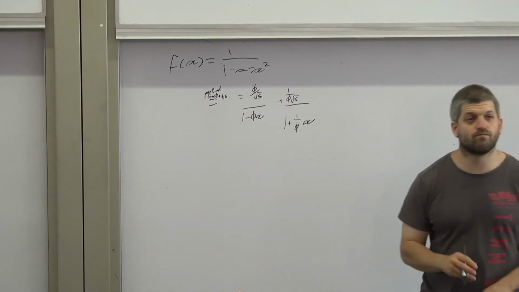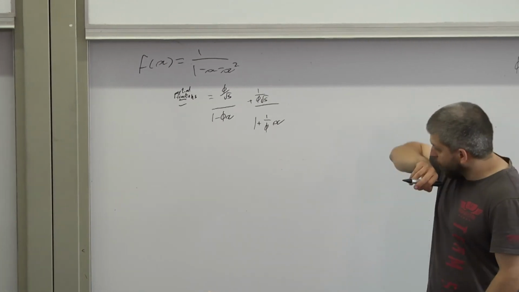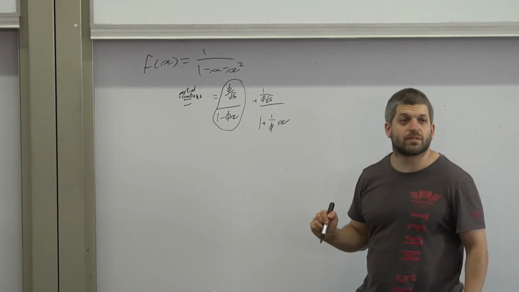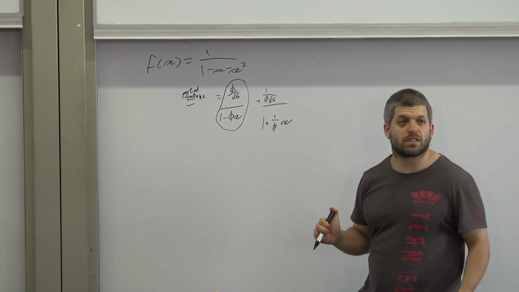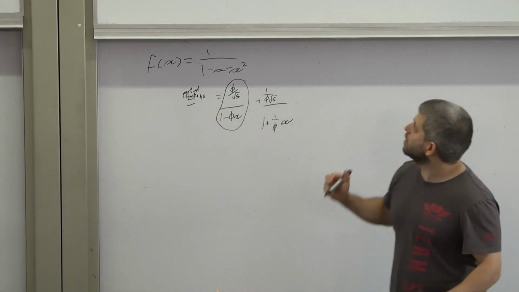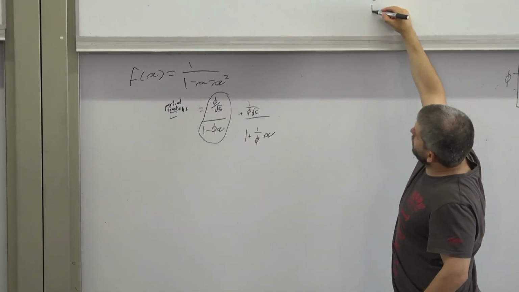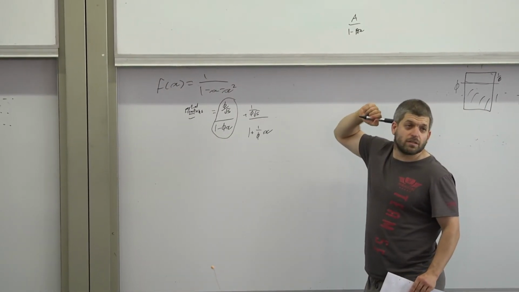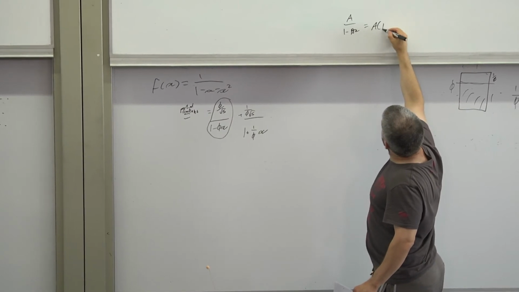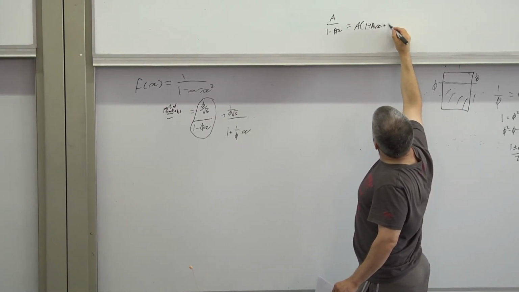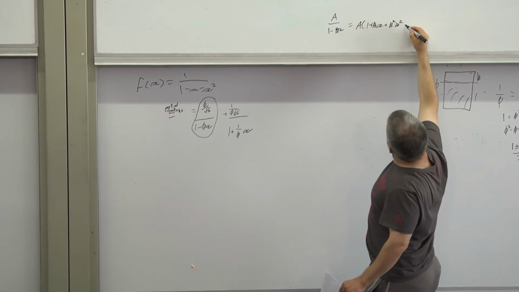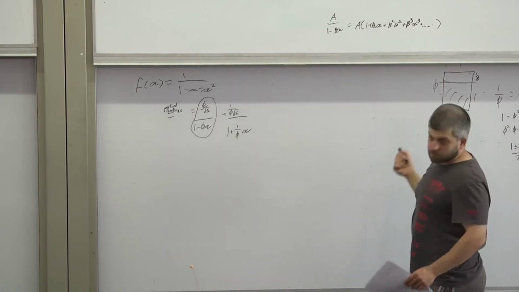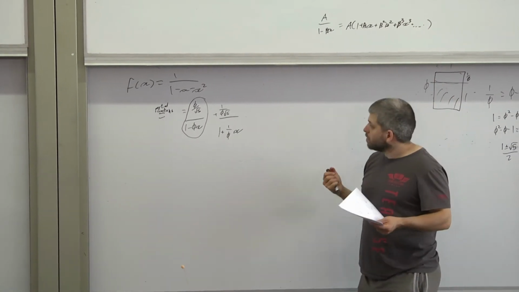Okay. Now this thing is a geometric series, right? It's the summation of a geometric series. Really anything that's of the form a over 1 minus bx, we can expand into a geometric series, right? Okay, cool.